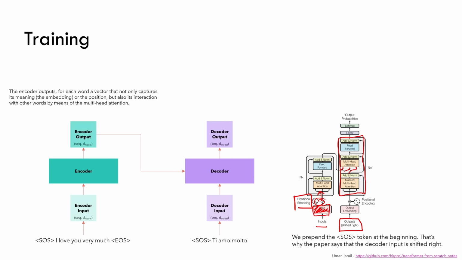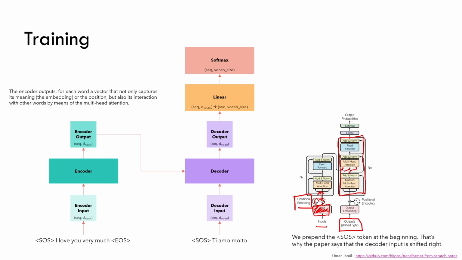How can we understand what this word is in our vocabulary? That's why we need a linear layer that will map sequence by D model into another sequence by vocabulary size. So it will tell, for every embedding that it sees, what is the position of that word in our vocabulary, so that we can understand what is the actual token that is output by the model.